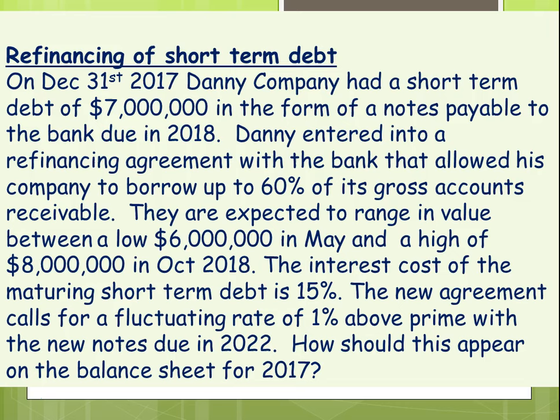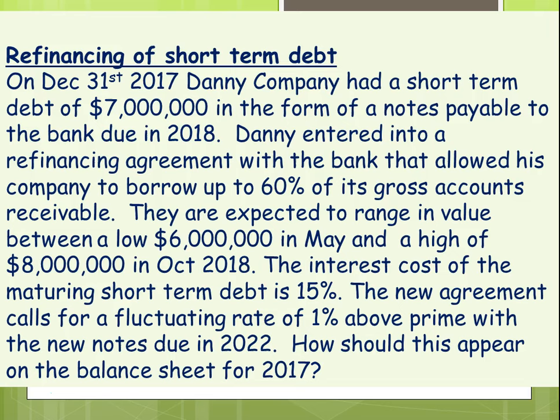So here is an example. In this example, on December 31st, Danny had a short-term debt of $7 million in the form of notes payable to the bank due on 2018. So this would appear as part of our current liabilities. Danny entered into a refinance agreement with the bank that allows his company to borrow up to 60% of its gross accounts receivable.